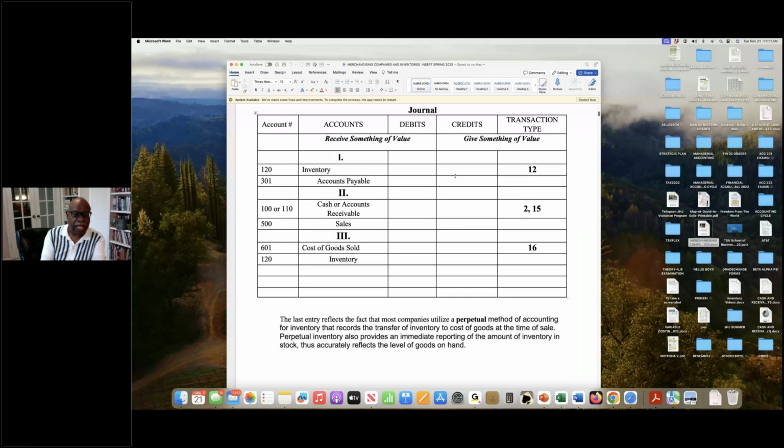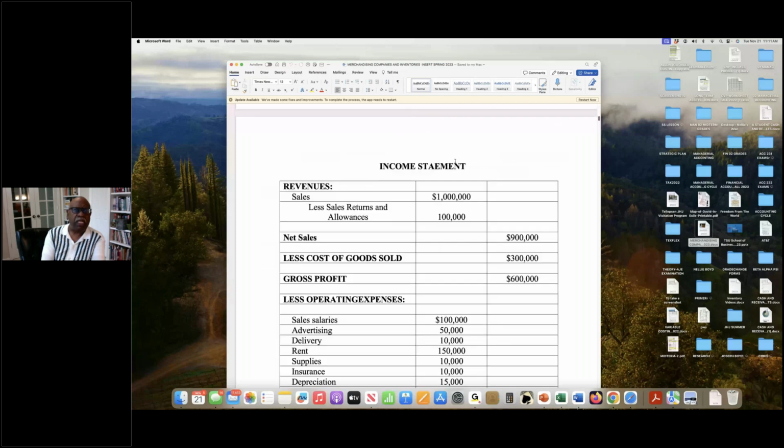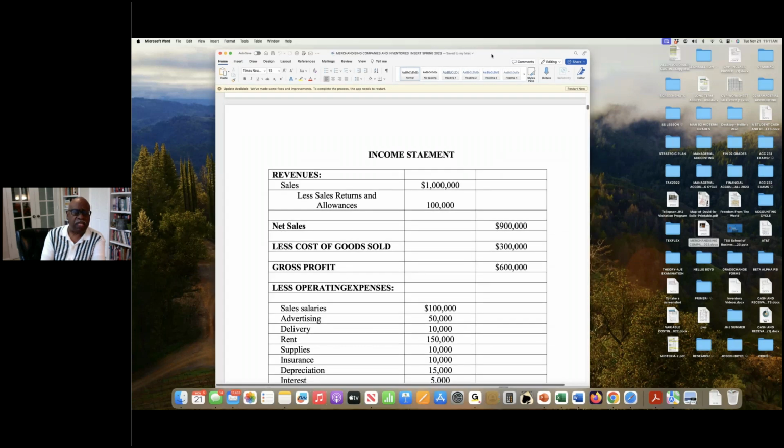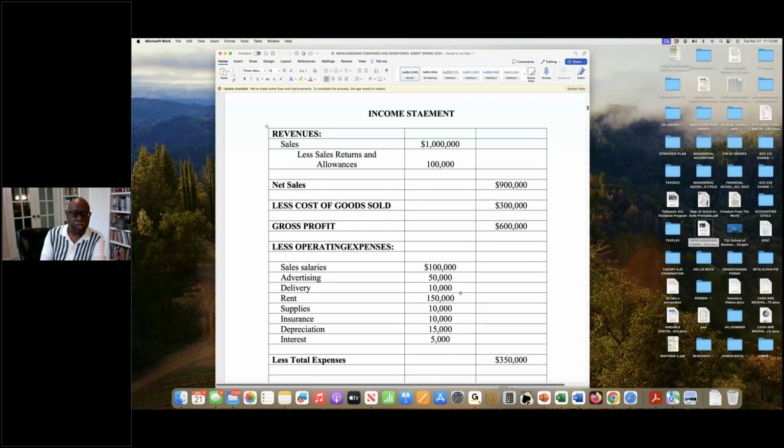And we said that now our income statement is sales, less the returns and allowances, less the cost of goods sold. Did we make a profit? Did we sell our inventory for a price greater than what it costs? Then we subtract the operating expenses to get our net income.